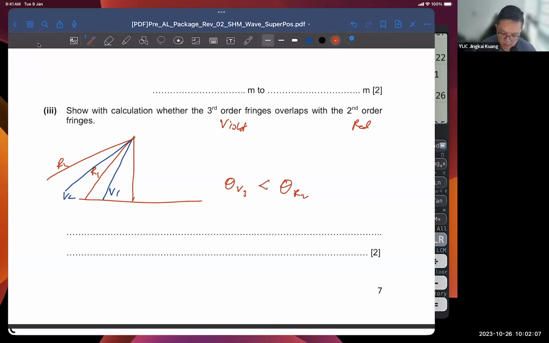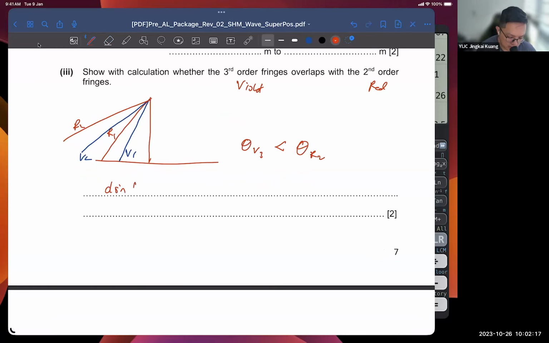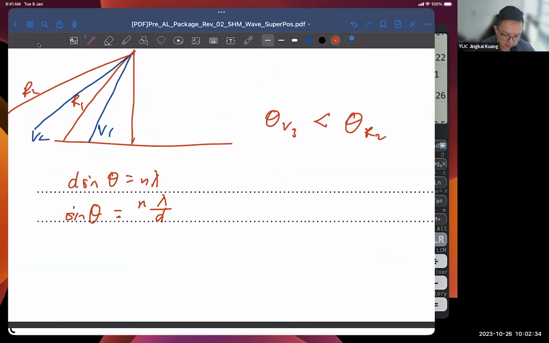Okay, smaller. Actually, for the calculation, you don't have to work out the whole thing. You can just sub in the numbers. I'll show you how to do it very quickly. Again, we go from the same equation, d sine theta equals n lambda. I'm comparing theta, so sine theta equals n lambda over d. I just need to do some partial substitution. The d is not important. What's important is these two terms, n and lambda. So for violet 3, I'm doing 3 times 400.